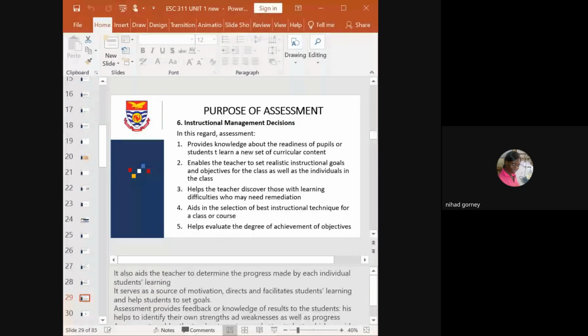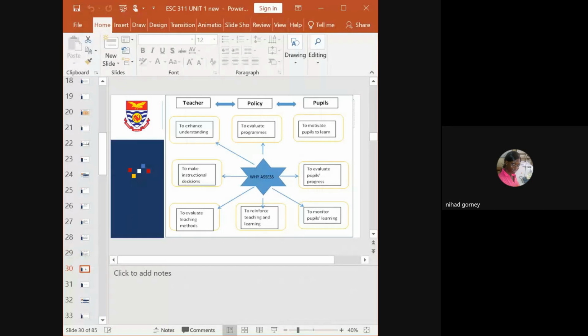It will also help you to select the best technique or pedagogy for your class, and it helps you to evaluate. Now we know that evaluation means to make judgment. So it helps you to make judgment on the degree of achievement of your objectives, how far your objectives have been attained or met. And that is what, in terms of instructional management decisions, assessment helps us do.